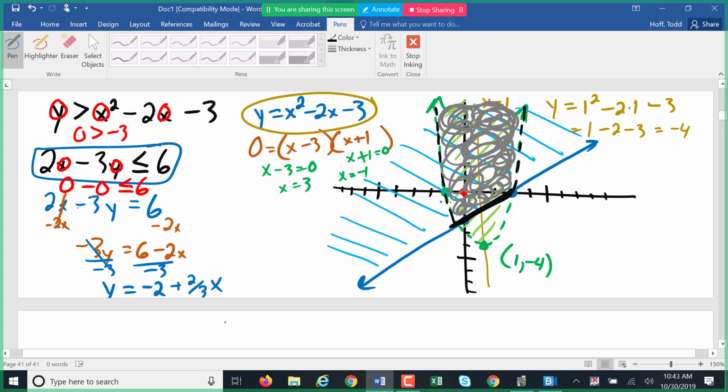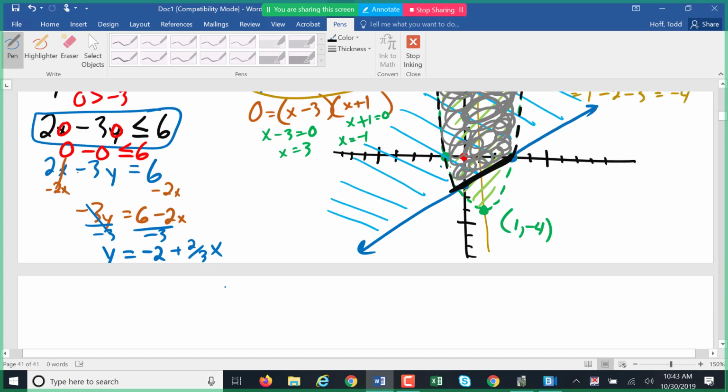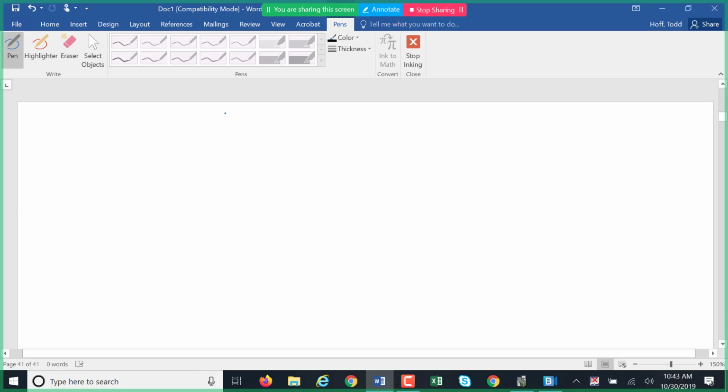I'm going to have you try one in your notes here quick. (x minus 2) squared plus (y minus 1) squared, or sorry, is less than or equal to 25.